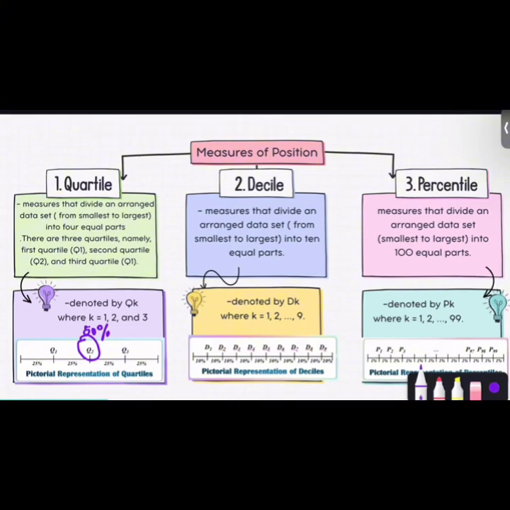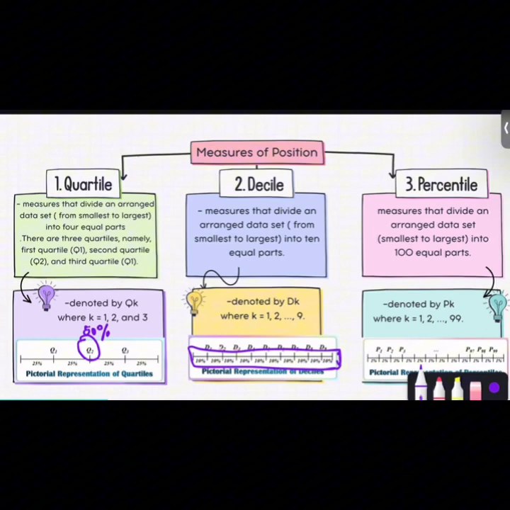Next is the representation of decile. It is divided into 10 equal parts. Each part of decile, decile 1 is 10%, decile 2 is another 10%, until it becomes 100%. Therefore, decile 1 is 10%, decile 2 is 20%, decile 3 is 30%, and so on.